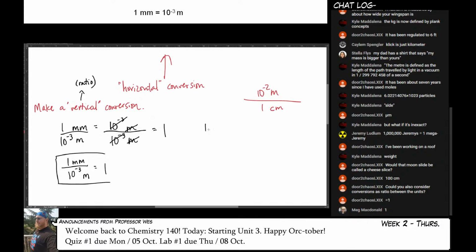Now I'm going to take the original conversion again. And this time I'm going to divide by the other side. I got 1 divided by 1, that's still 1. And I got something divided by itself, that still equals 1. So that means I have this thing also equals 1.